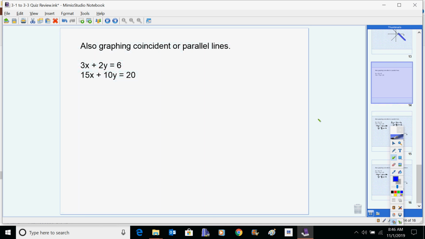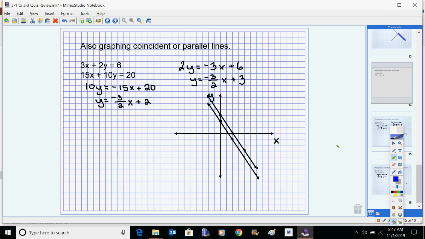So also you have to be able to graph coincident lines or parallel lines. I don't think there's a graph there for you, but just so you can see, if I tried to graph this one, what would happen when we solve it for y equals, you would have the same slope.